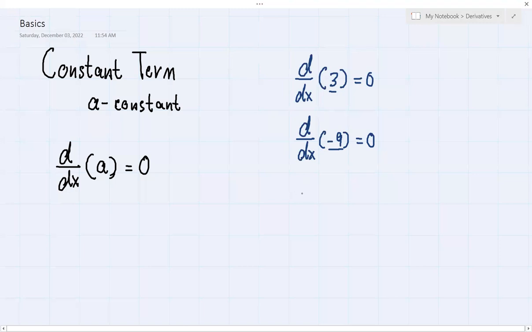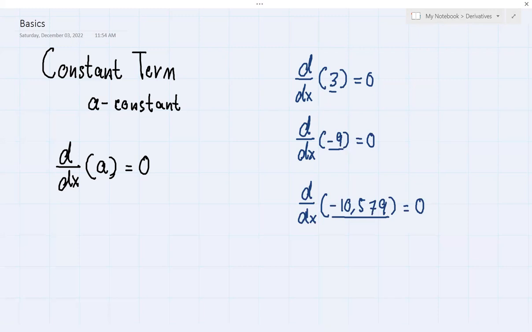Okay? So, how about this one? Kunin natin yung derivative ng negative 10,579. Anong sagot natin dito? Is still 0 pa rin. Okay? Ito, malaki to eh. It's a big number. Pero, again, it is just a number.